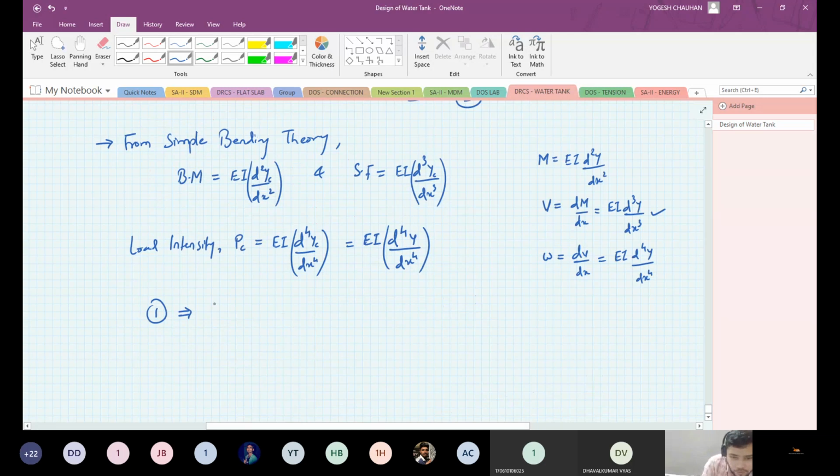PC plus PR is equal to gamma W times X. So now we have the value of PR, so we can substitute that.